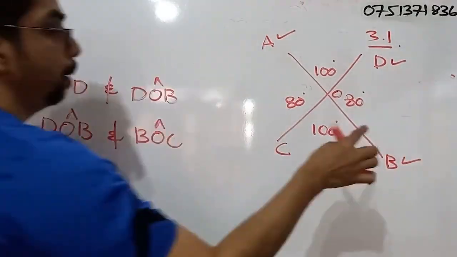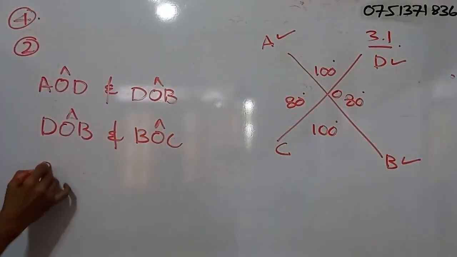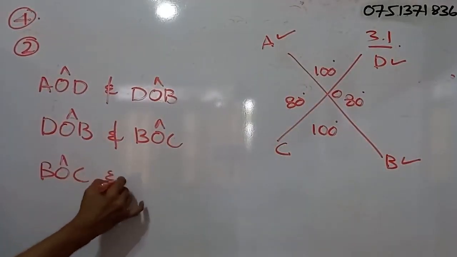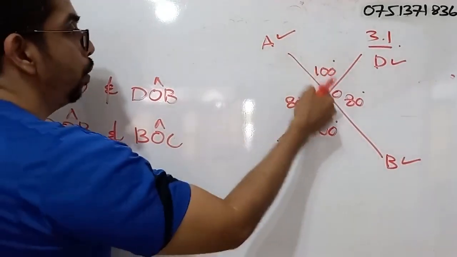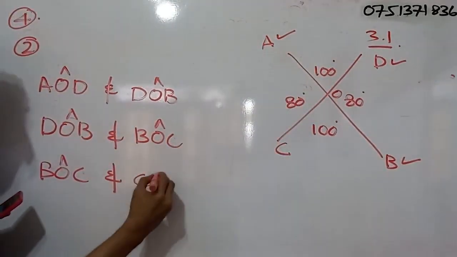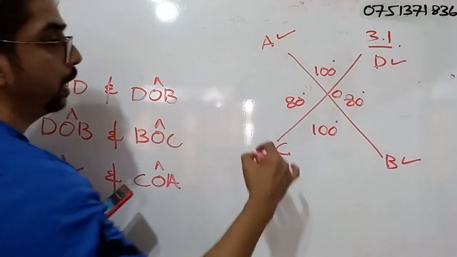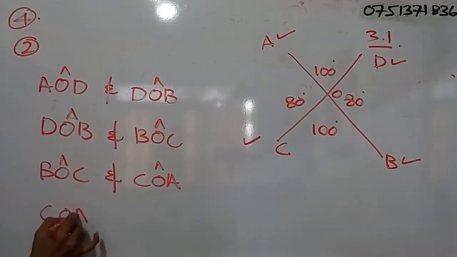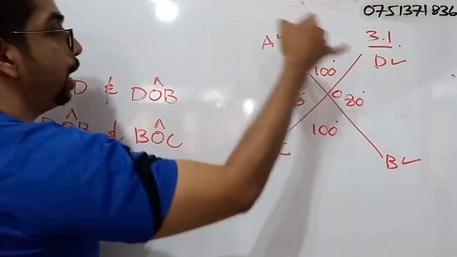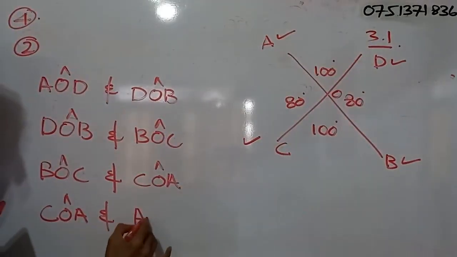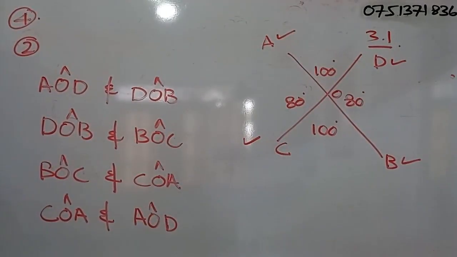Then BOC angle and COA angle. Then COA angle and AOD angle. So these are the four pairs of supplementary angles.